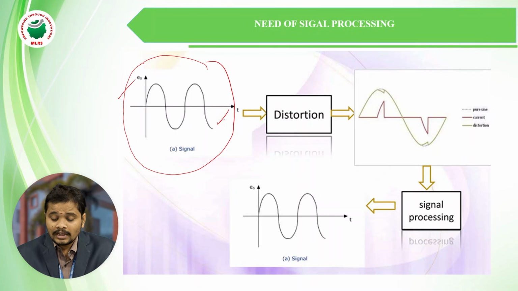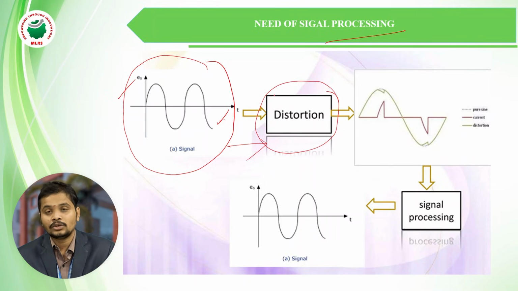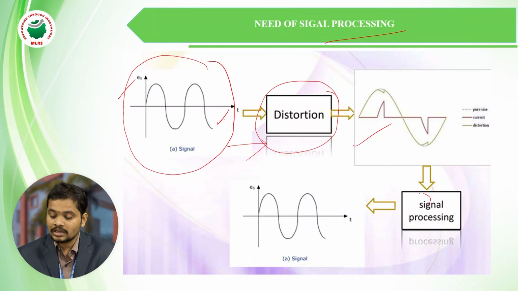If I don't do any signal processing, while it is transmitted from one place to another through the air or any other medium, distortion will enter the signal, and after the distortion the signal information will vary. Whatever information I passed from one place to another will vary. So to eliminate this distortion, we use signal processing.